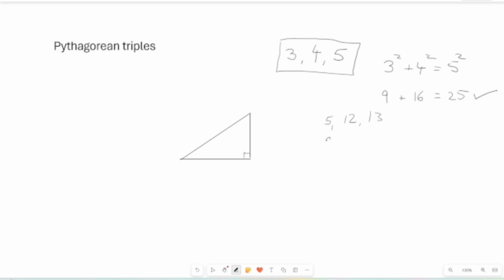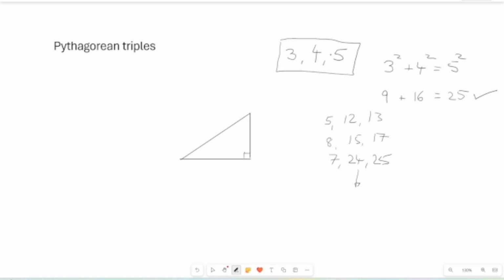There's another one which is 8, 15, 17, another one which is 7, 24, 25, and so on. There are lots and lots of these, and you can look them up on the internet if you're interested, or have fun finding out your own ones. So that was the first of the additional 2 points, and it's useful to remember 3, 4, 5.